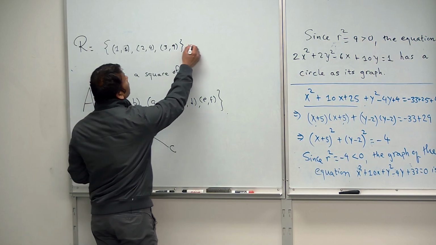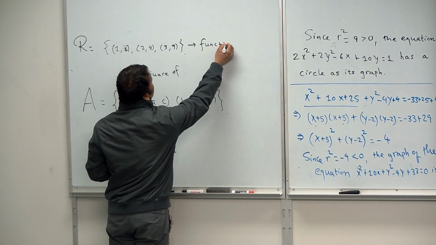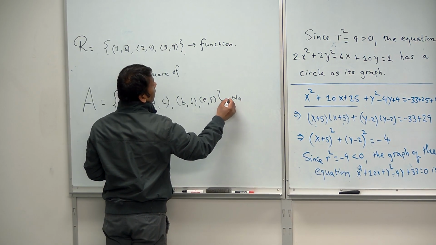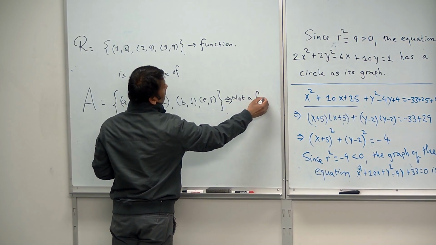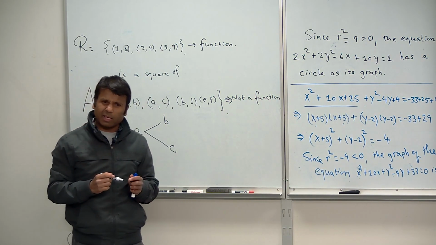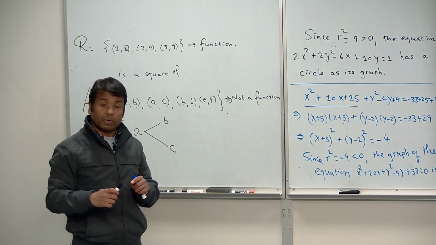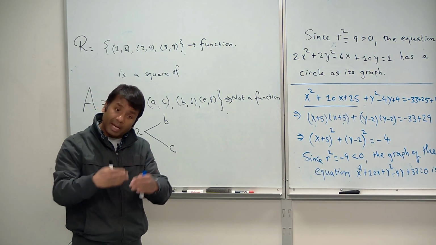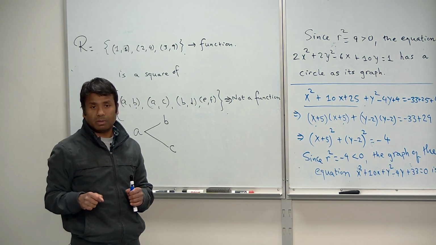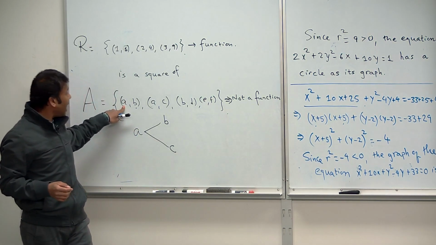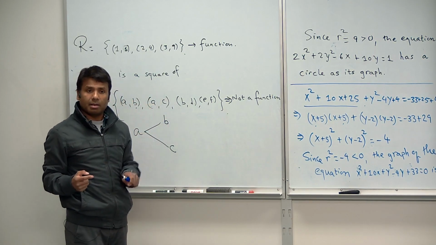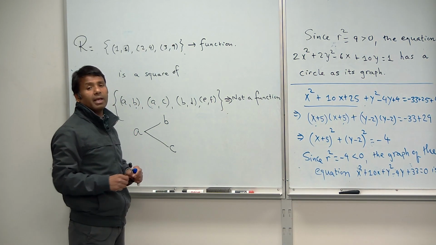So the first one is a function, and this is not a function. Did I make it clear? For each distinct x value there must be exactly one y value, but for this x value a, you have two y values, b and c. So that's why this is not a function.